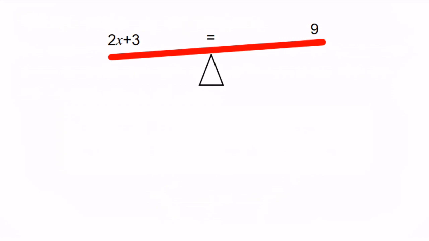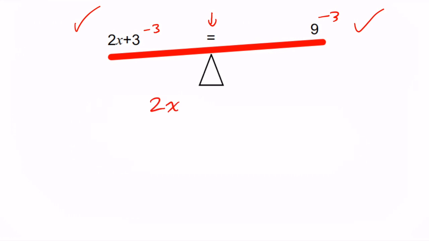Here's the same example. What I'm going to do is get x all by itself. In order to do so, I've got to get rid of 3. I kind of gave it away on the last slide, but I'd like to get rid of that plus 3 so I can subtract 3. But if I do it to the left side, I have to do it to the right-hand side as well, because this has to stay balanced.